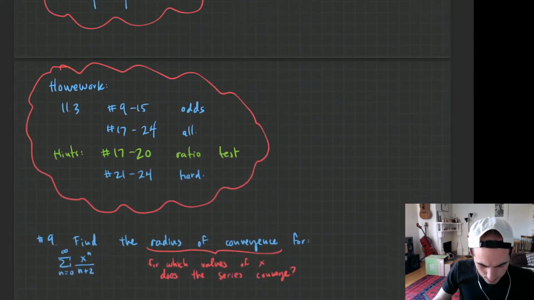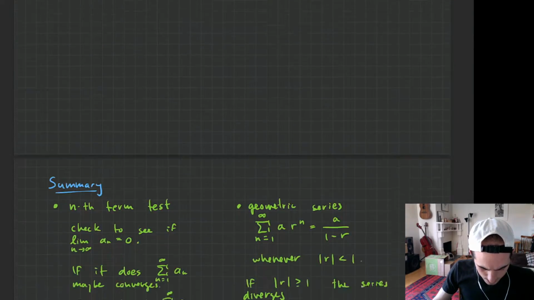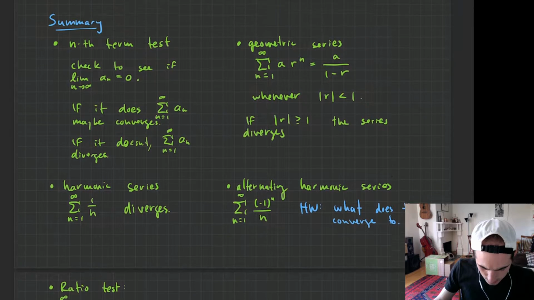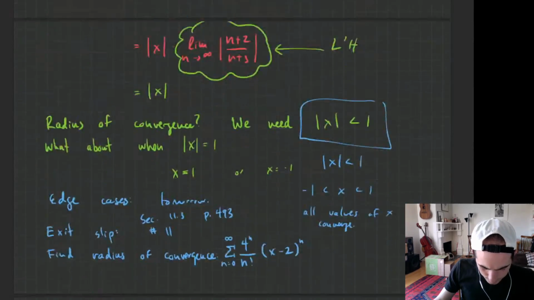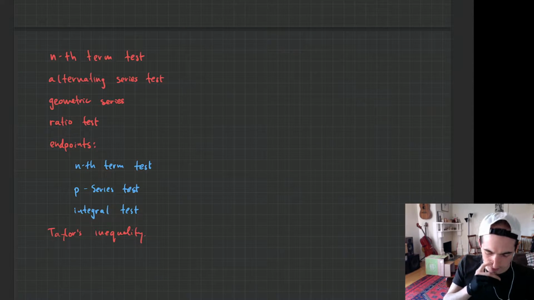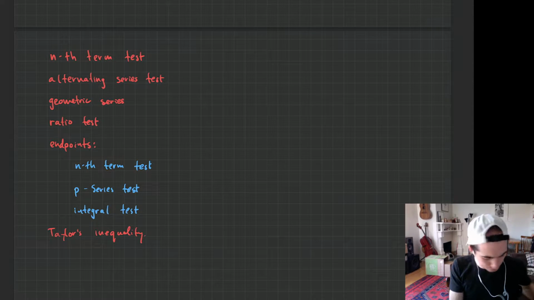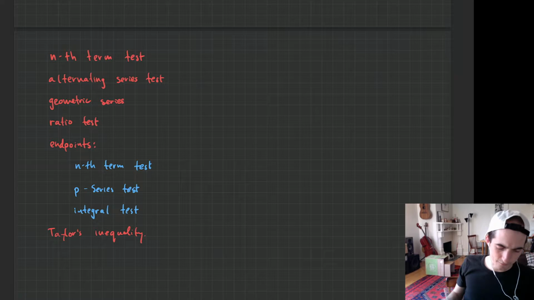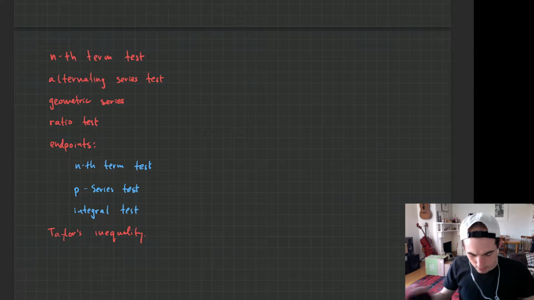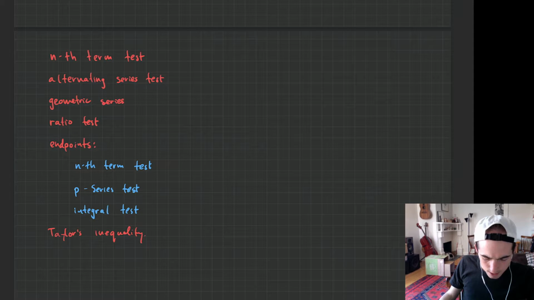At the beginning of yesterday's class I had a summary, but it wasn't actually complete. There's a few things on here that are incomplete. So I thought that I would try to make a complete list of all the tests in this entire chapter, not just each section, but the whole chapter.